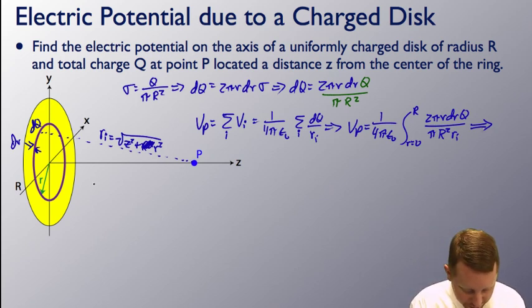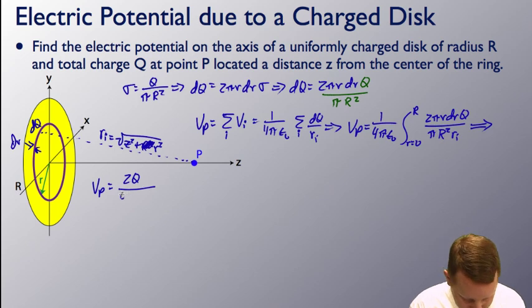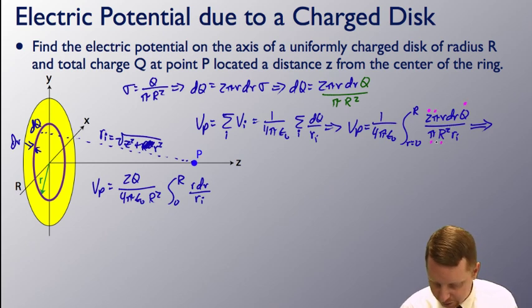So VP must equal 2Q over 4 pi epsilon naught capital R squared, integral from 0 to capital R of r dr over Ri. Just pulling out all of the constants, our 2, our pi, our Q, our pi, and our capital R squared.